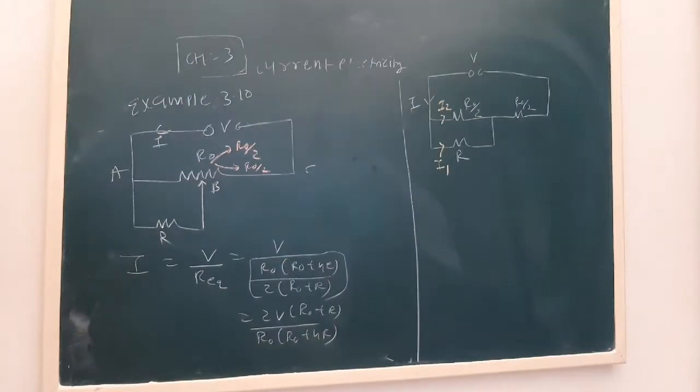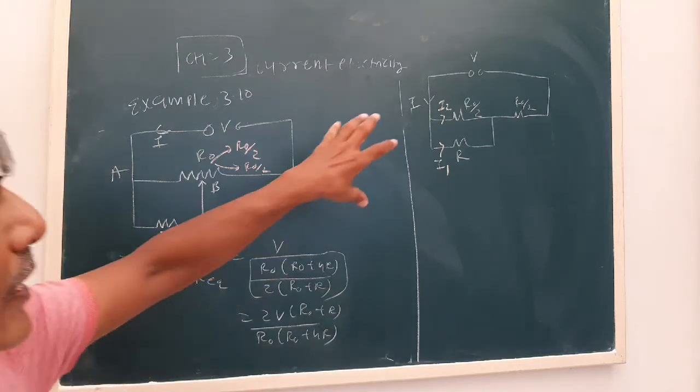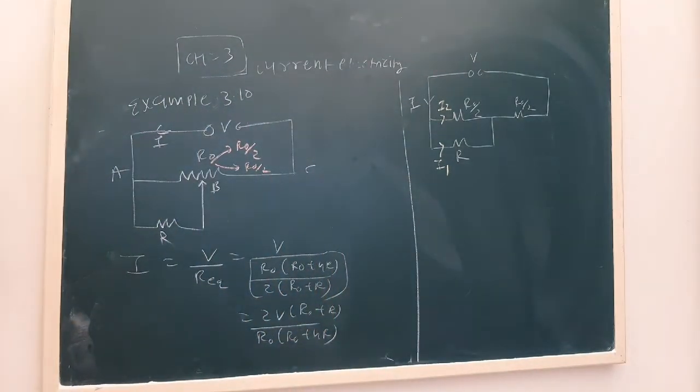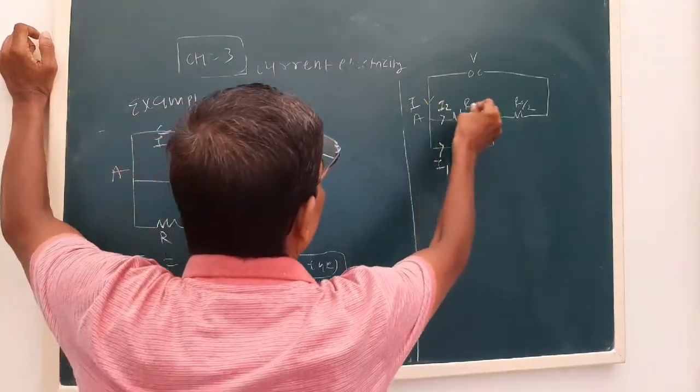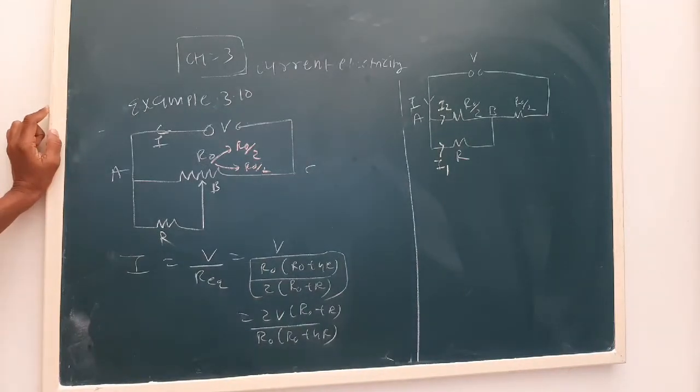See what you have to find out? The potential difference. Now also we see that in parallel the voltage is the same. So whatever the equivalent resistance, the current will be divided and the voltage will be the same.